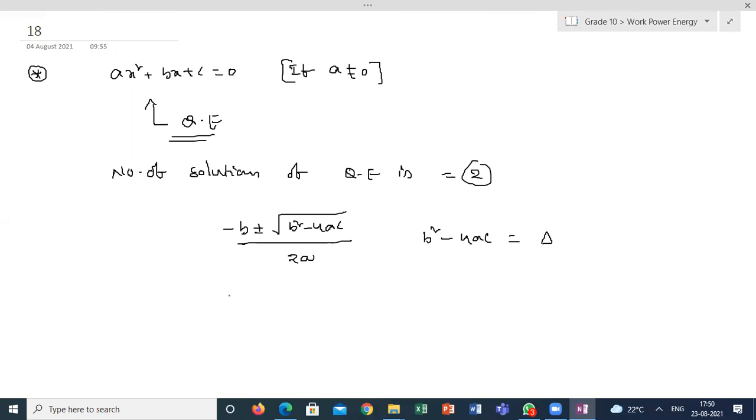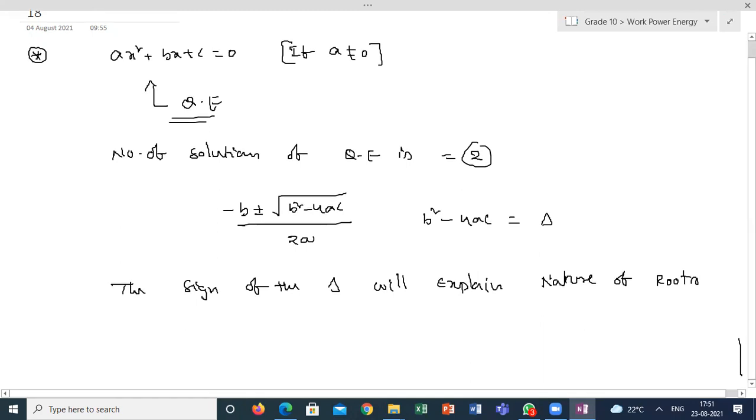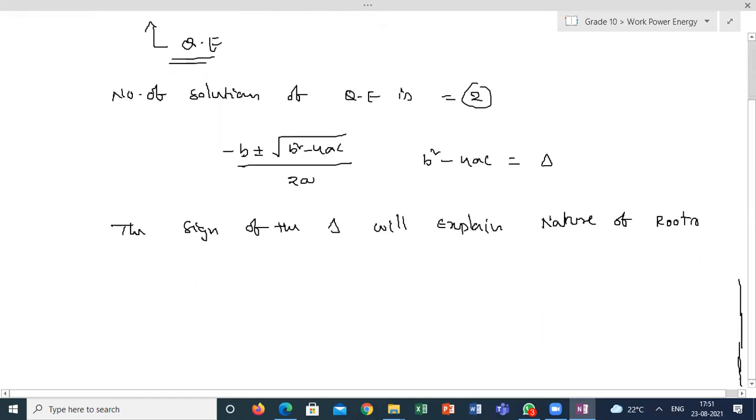The sign of the discriminant will explain the nature of roots. In grade 10, we tell whether the roots exist or not. But here we won't talk about whether roots exist or not, because now we are discussing complex numbers.